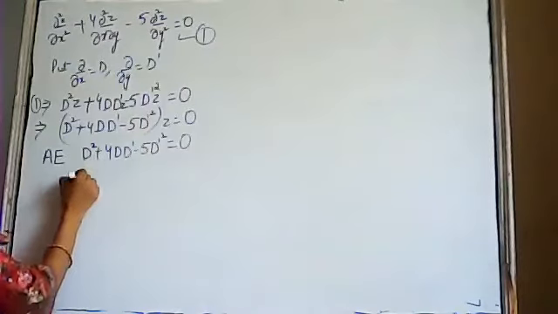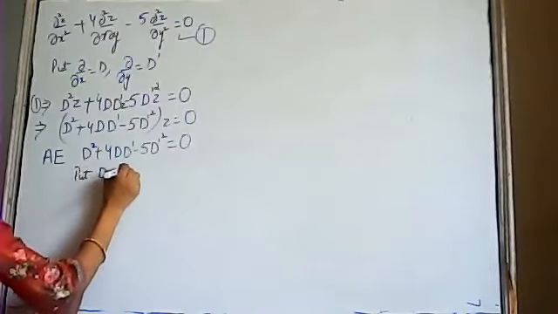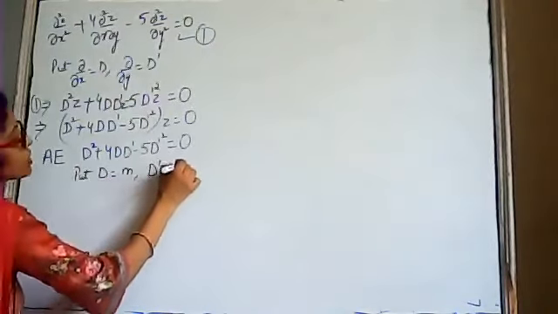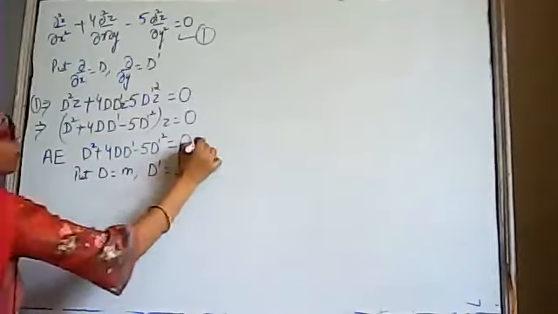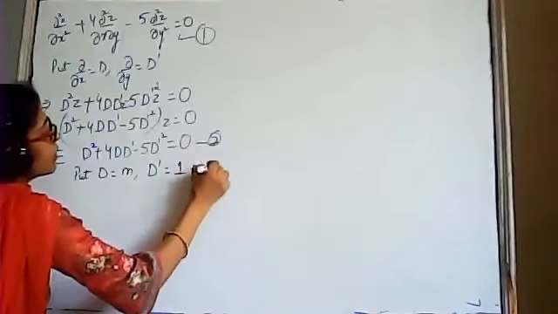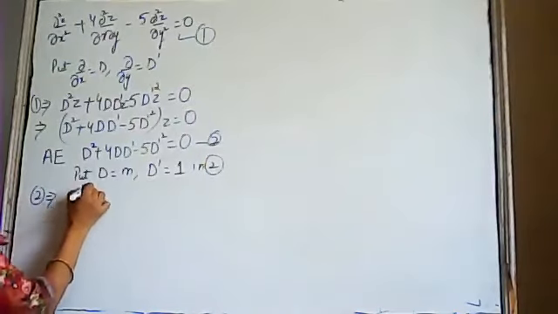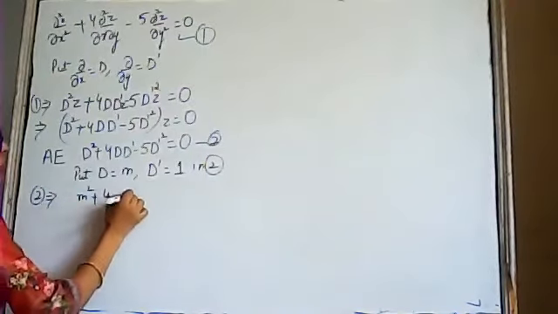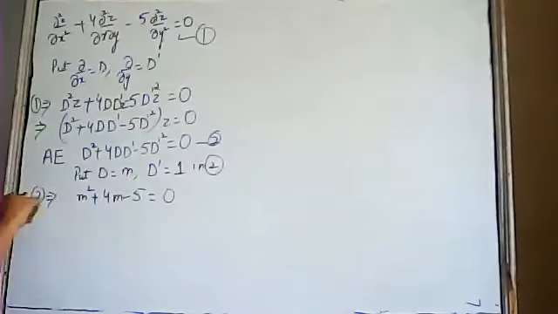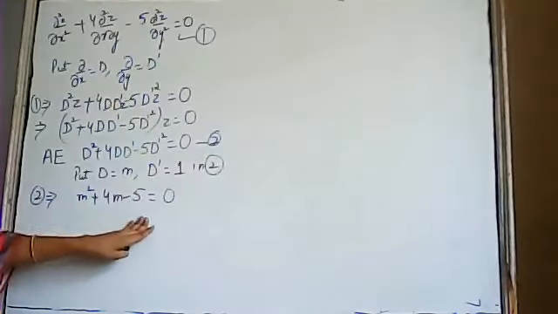So in this equation, put D equals m and D dash equals 1 in equation number 2. Equation number 2 reduces to m² + 4m − 5 = 0. Now this is a quadratic equation.